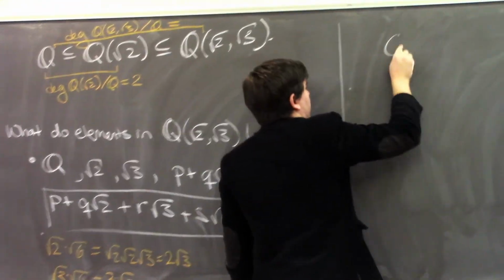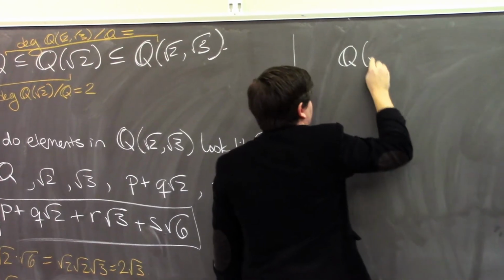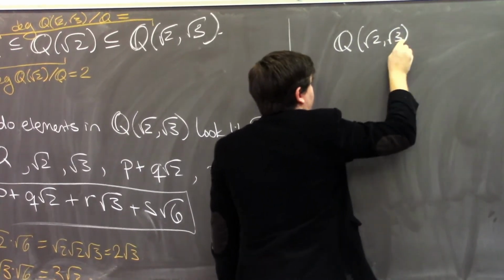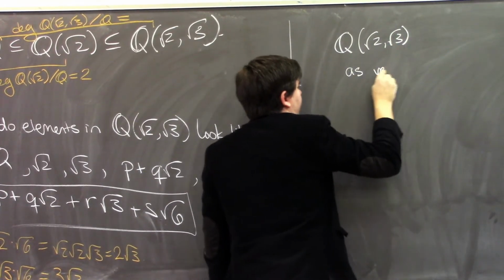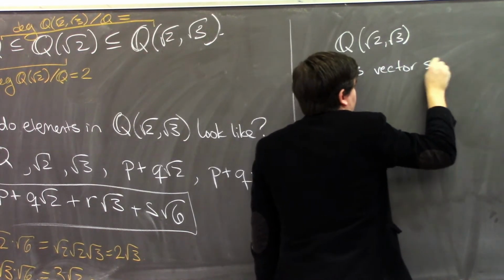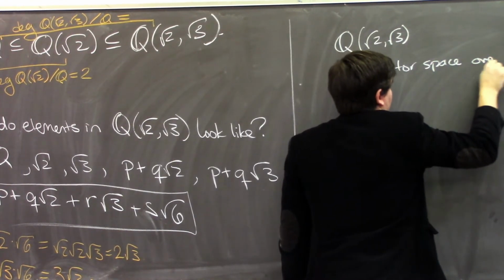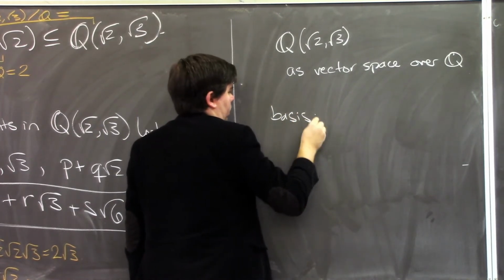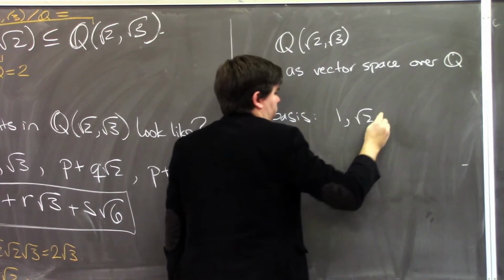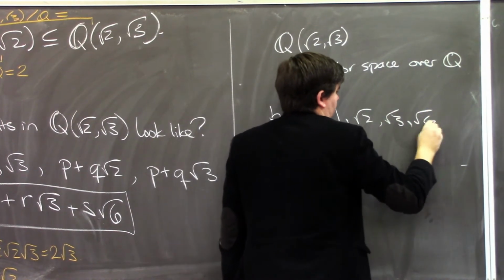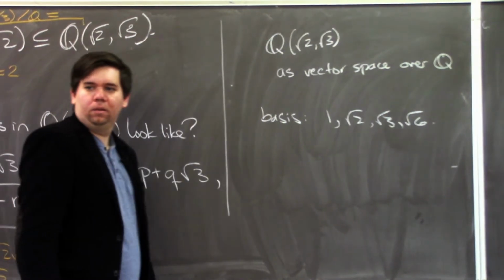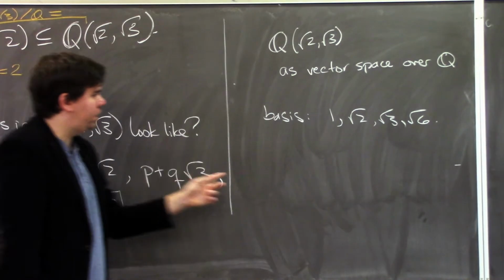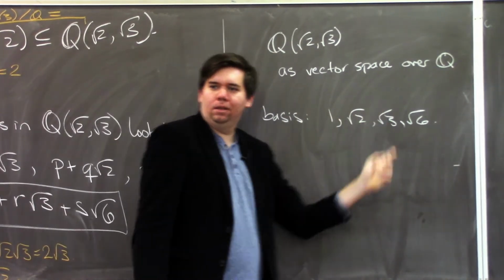Yeah. Q extended by root 2 and root 3, thought of as a vector space over Q, just has the basis 1, root 2, root 3, root 6. Clearly, everything can be made as a linear combination of these. That's what we said right here.